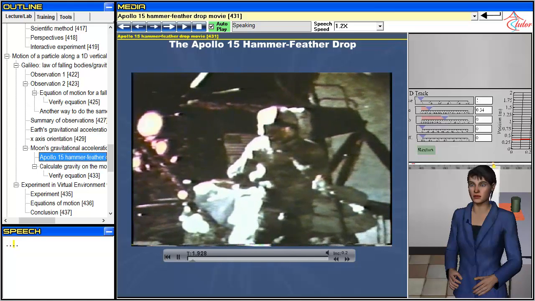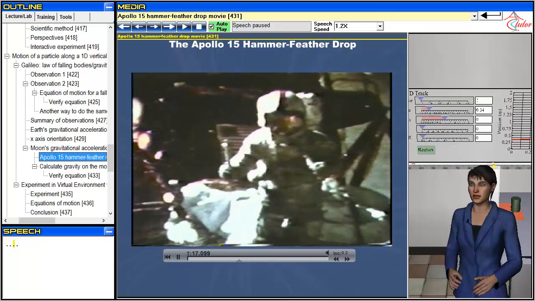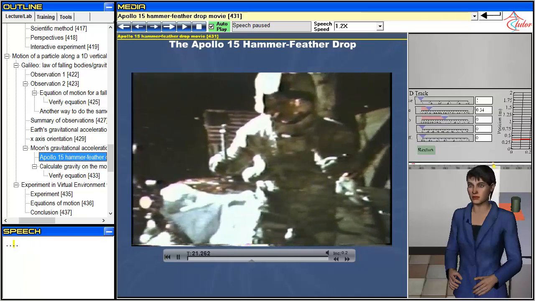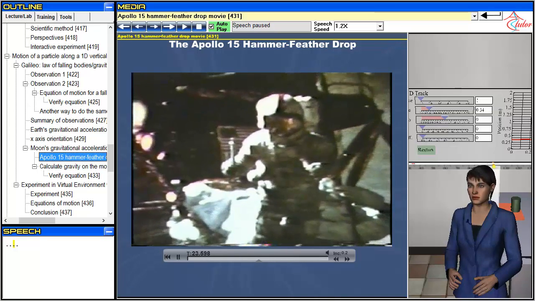Well, in my left hand I have a feather. In my right hand a hammer. And I guess one of the reasons we got here today was because of a gentleman named Galileo a long time ago, who made a rather significant discovery about falling objects in gravity fields. And we thought that where would be a better place to confirm his findings than on the Moon.